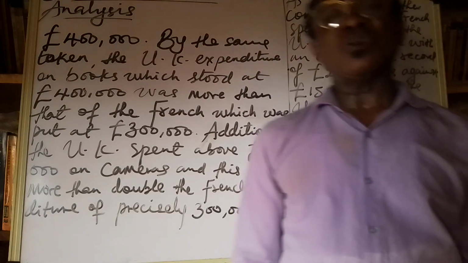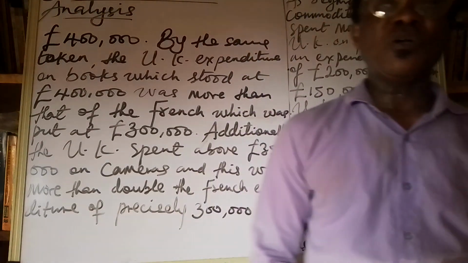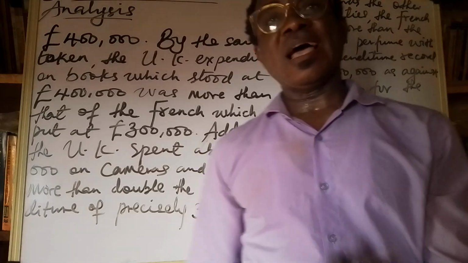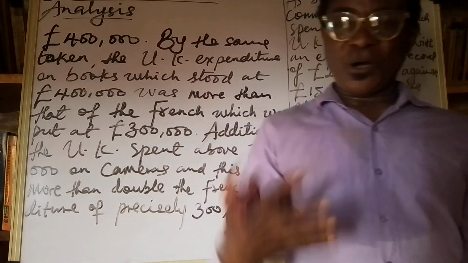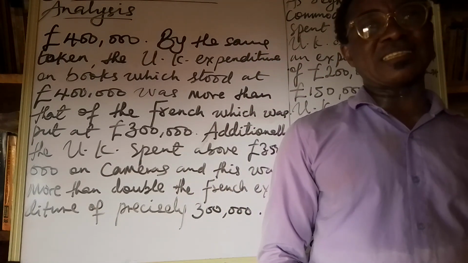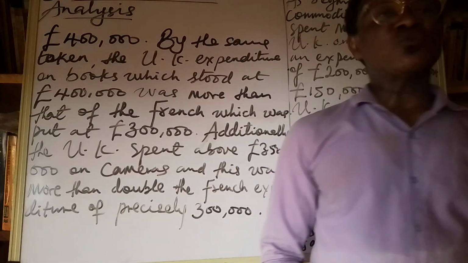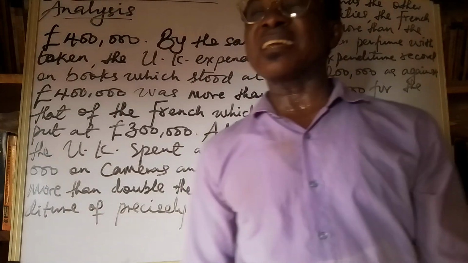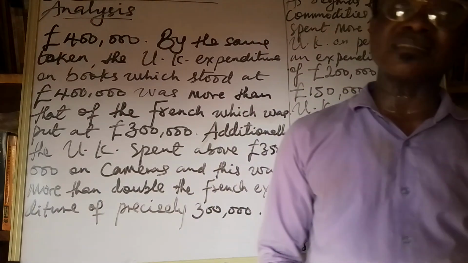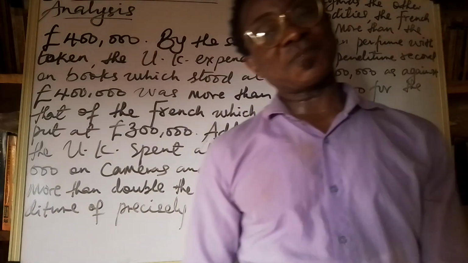So I invite you to join us in our next video, where we shall be understanding what a pie chart is, why it is necessary to analyze economic variables, and the value of making such analysis using the pie chart.